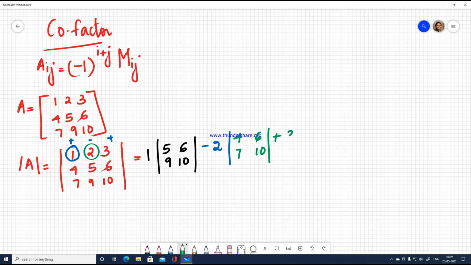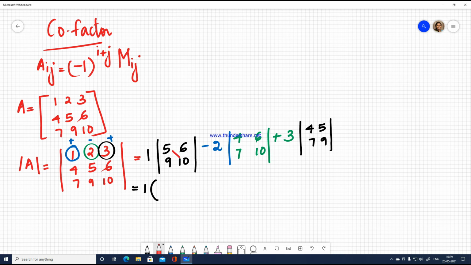Plus 3. Then I'll cover the element 3, the next element, with its column and row. So it will be the determinant of 4, 5, 7, 9.